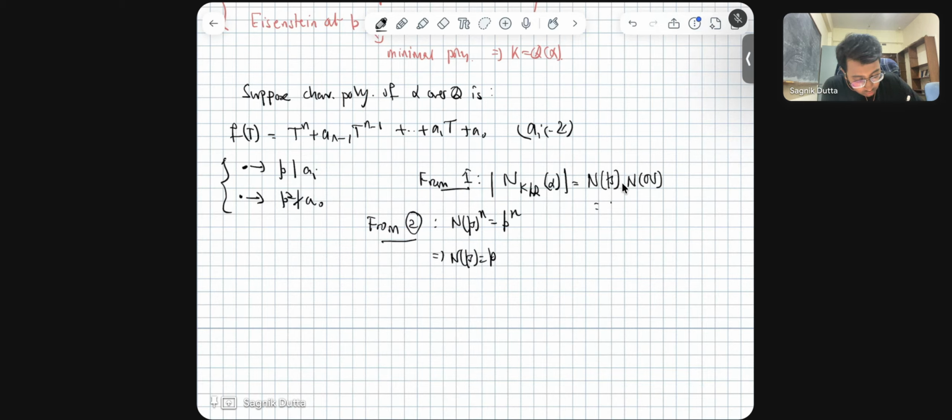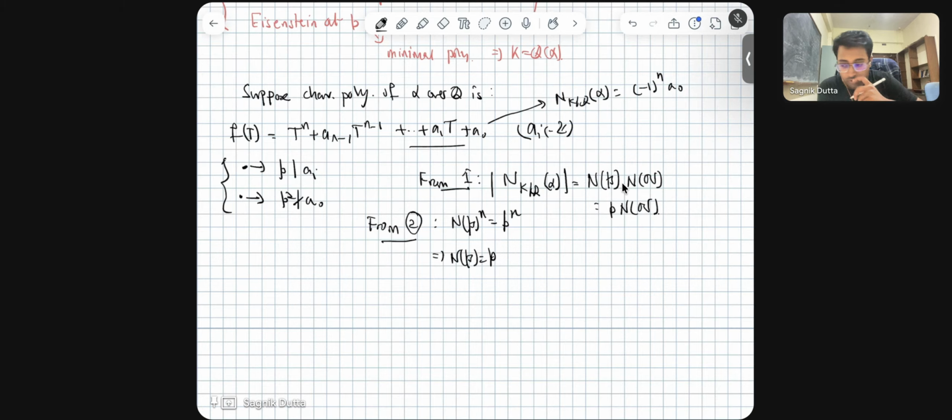And from the characteristic polynomial of alpha, the norm is (-1)^n times a_0.